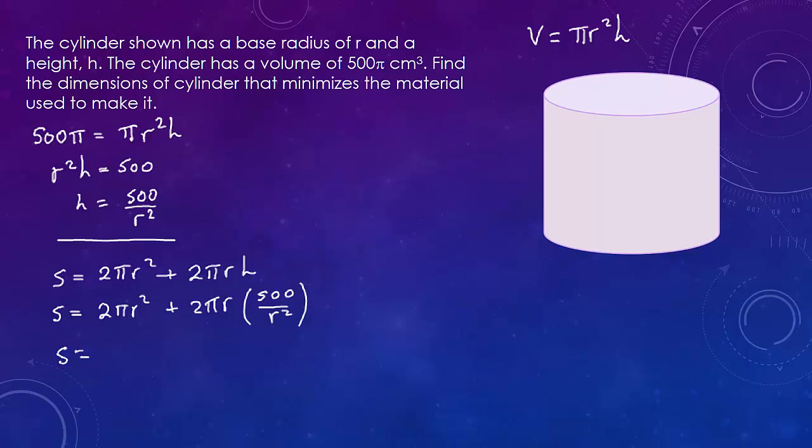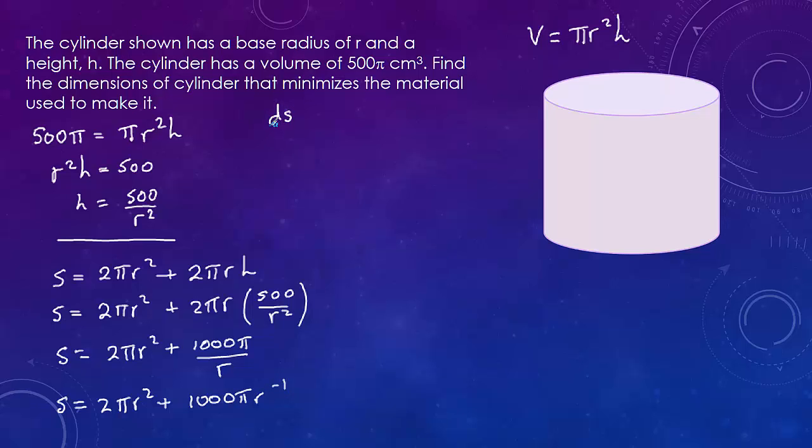So that's going to be 2 pi r squared plus 1000 pi over r. We can write that as 2 pi r squared plus 1000 pi r to the negative 1.